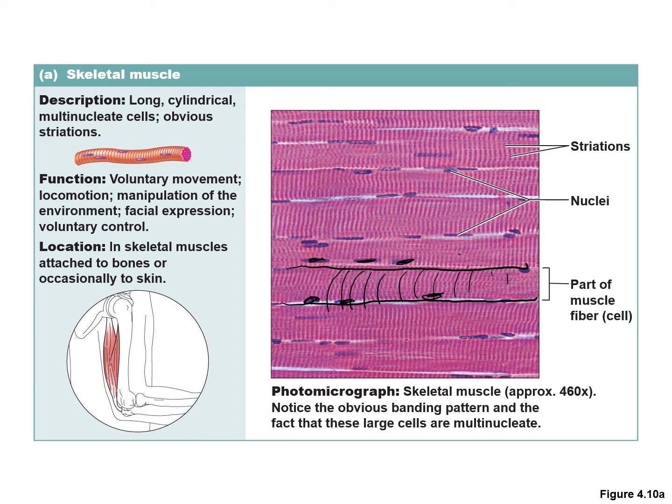Let's say your orbicularis oculi muscle, or your buccinator. So muscles located on your face usually have their insertion in your skin, not bones.